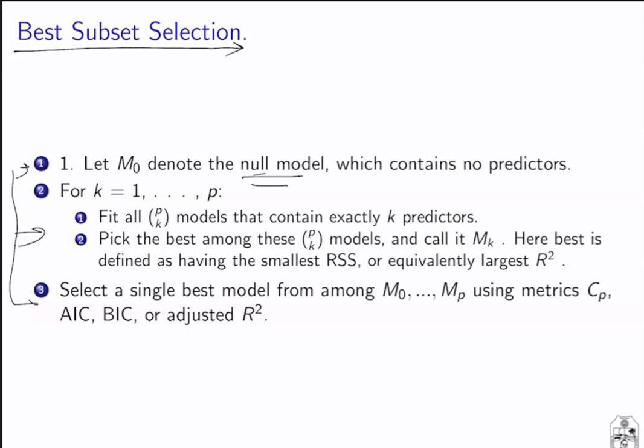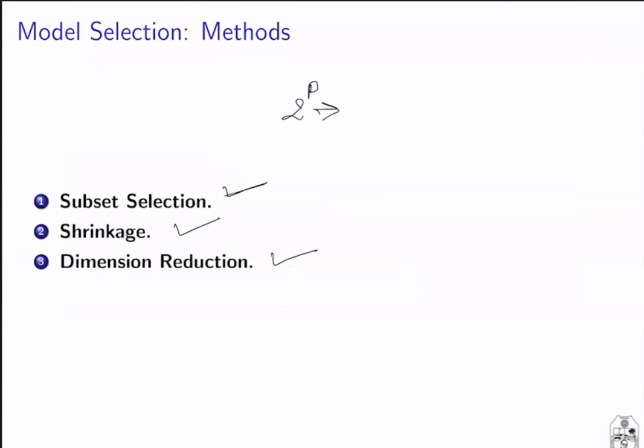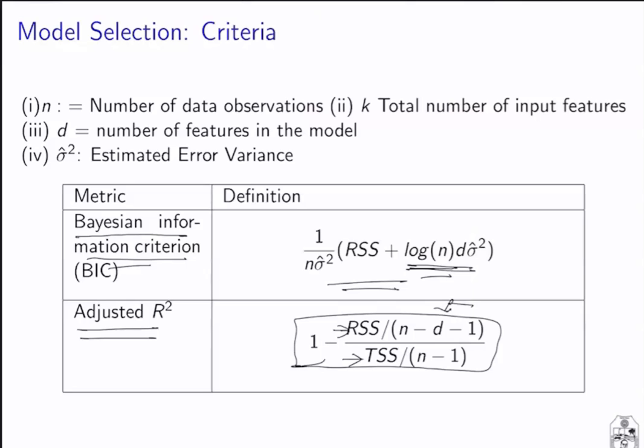Now the second step is an iterative process, and this process runs p number of times. Here, what is p? p is the number of input variables.